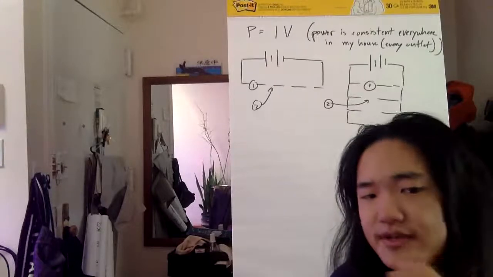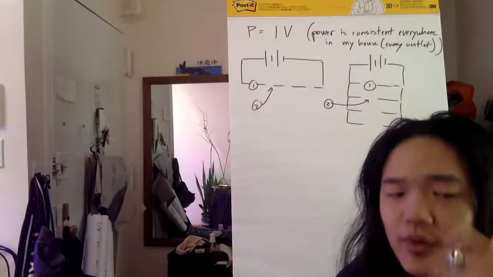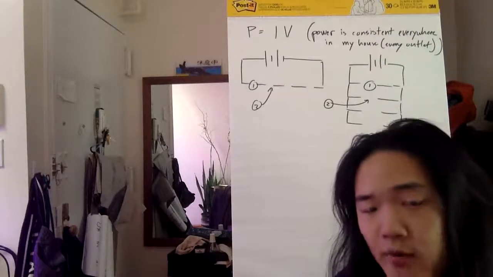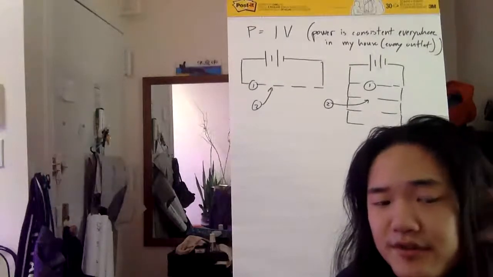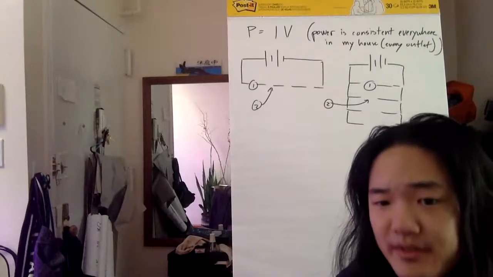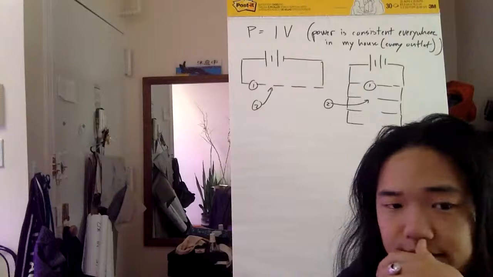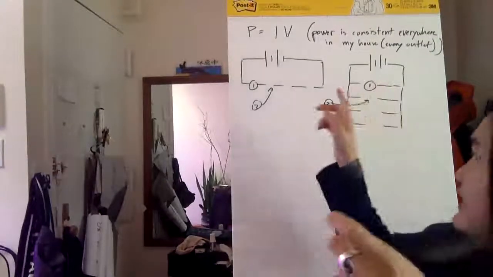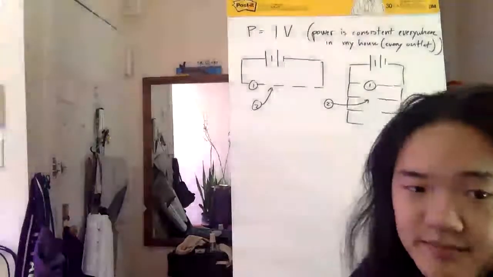Let me rephrase the question. Whenever I add an additional bulb, I want the power in the first bulb to be the same as if the other bulb wasn't there. I don't necessarily need the two bulbs to have the same current.